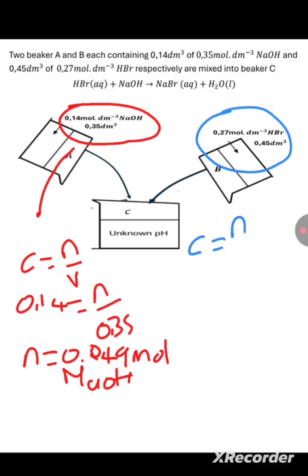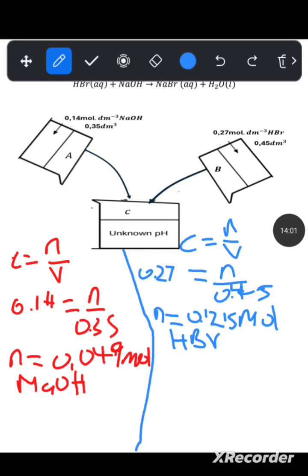C is equal to number of moles divided by volume. The concentration is 0.27. So we substitute there, then n is equal to, so we get this number of moles.